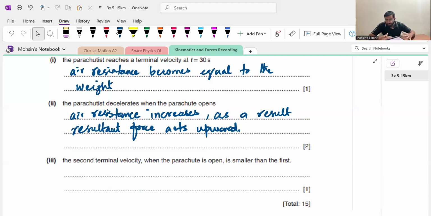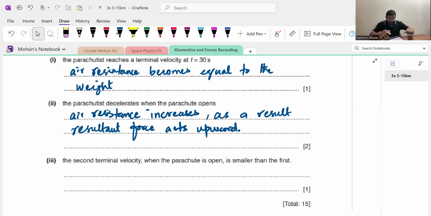First, the parachute opens. When the parachute opens, the air resistance acts in the upward direction more, causing the person to decelerate. When this deceleration decreases the speed, the air resistance also decreases because air resistance depends on speed. The more the speed, the more air resistance there is. The less speed, the less air resistance there will be.